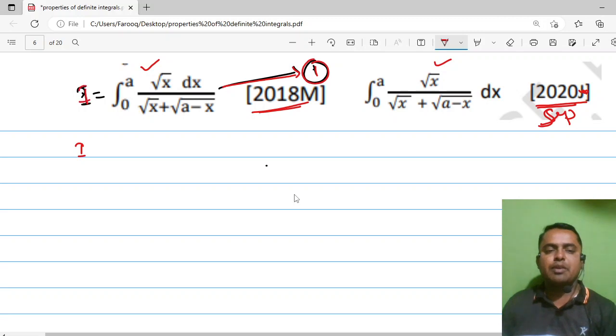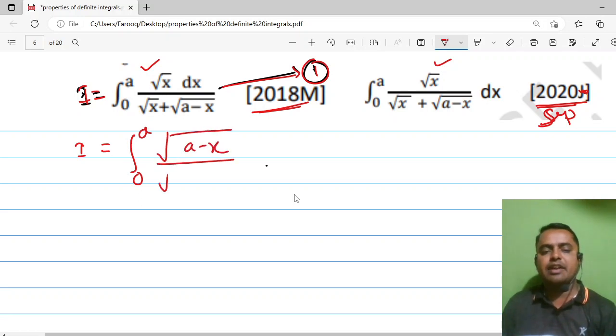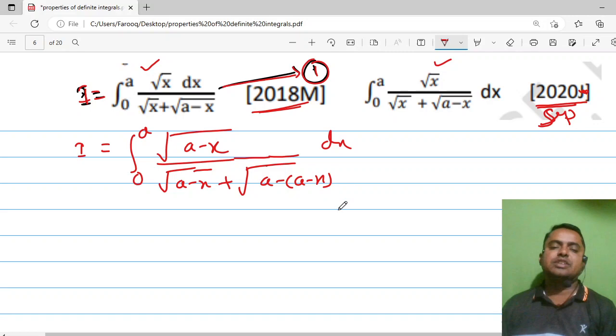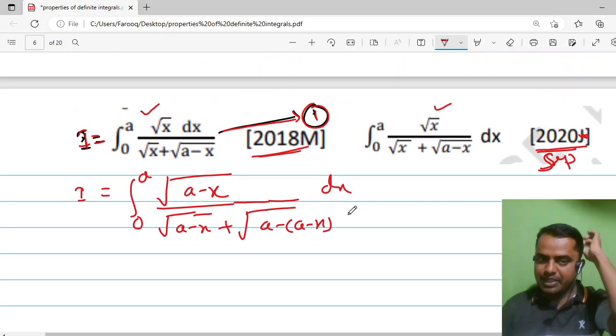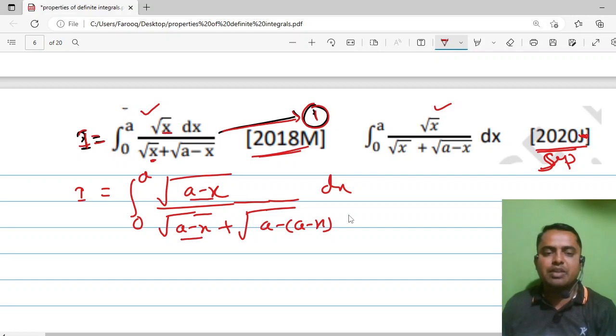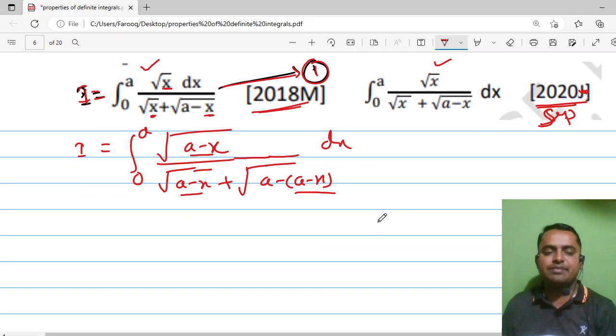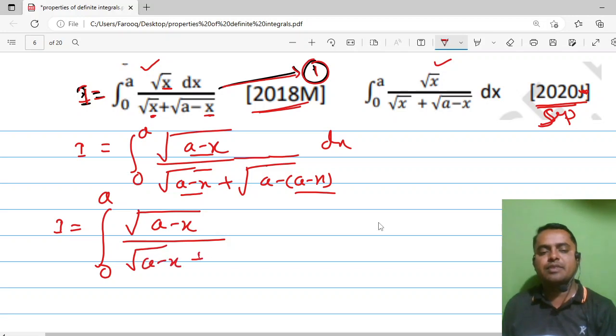Now applying the property, that is integral 0 to a, wherever x is there, x changes to a minus x, so we get root of a minus x divided by root of a minus x plus root of a minus a minus x, dx. The value of x is changed everywhere: x becomes a minus x. Now simplify this one.